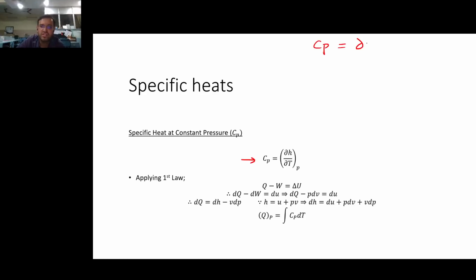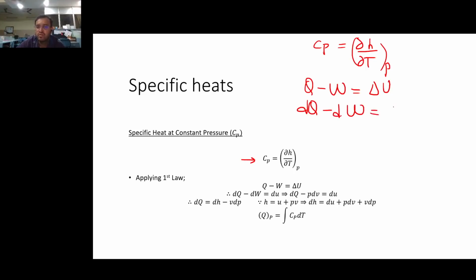This is called a partial differential, and instead of d we write ∂. Applying the first law, Q minus W is equal to delta U. In differential form, dq minus dw is equal to du. What kind of work are we doing here? We are doing PdV work. So we substitute that: dq minus PdV is equal to du.